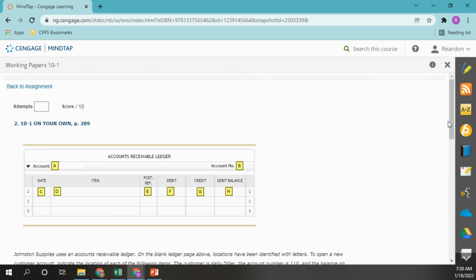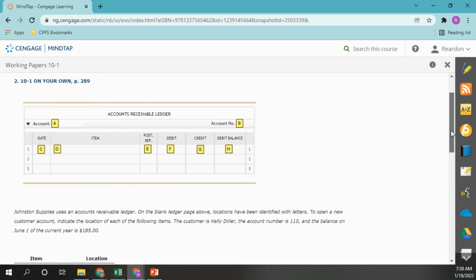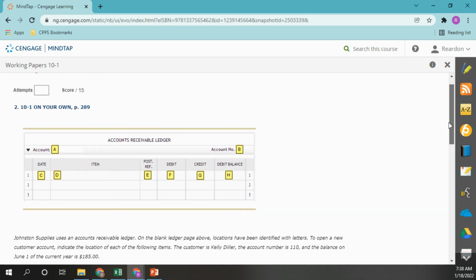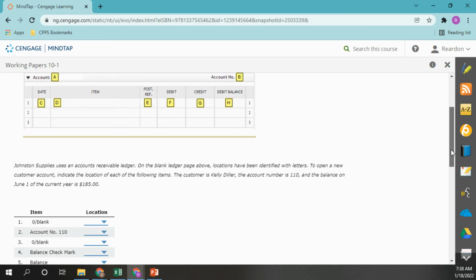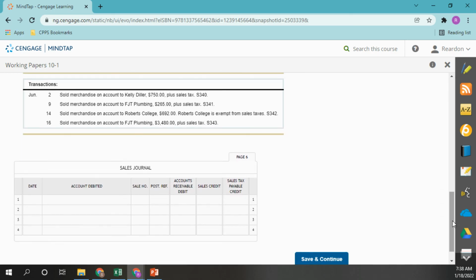All right, and now you're doing your own thing here. Fairly brief assignment. So again, you're going to specify what goes where on the accounts receivable ledger, and you're going to record 4 entries, which include what you need to add sales tax, which again is 6%, and you'll then record those in the sales journal.